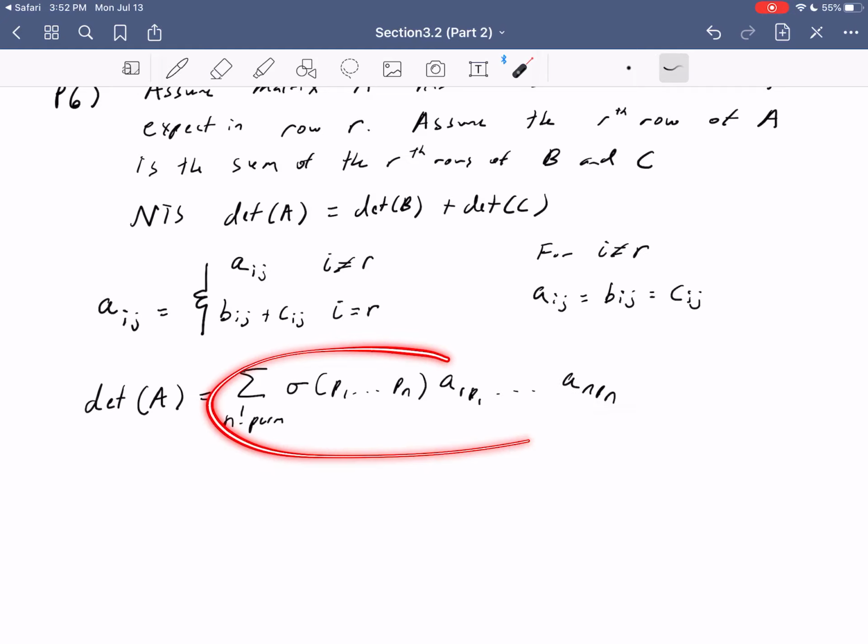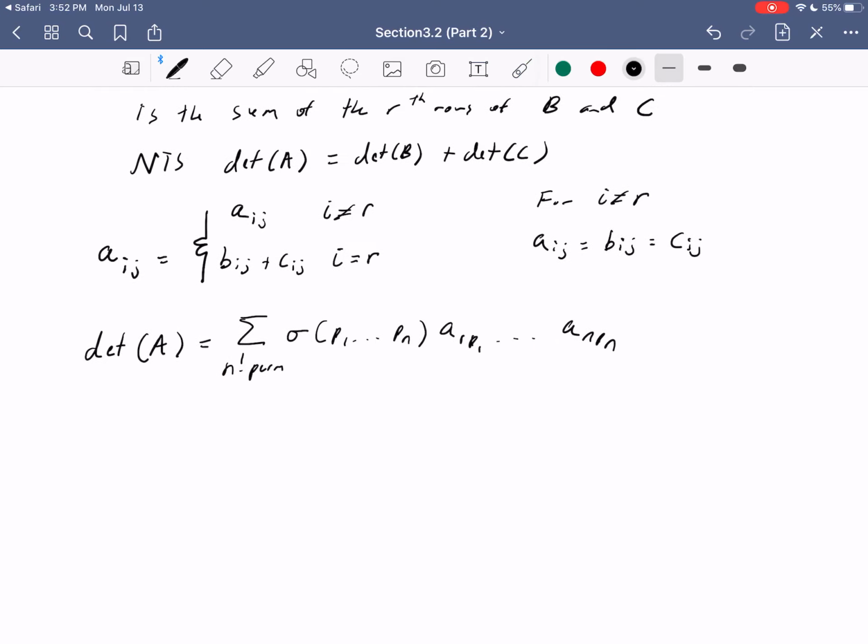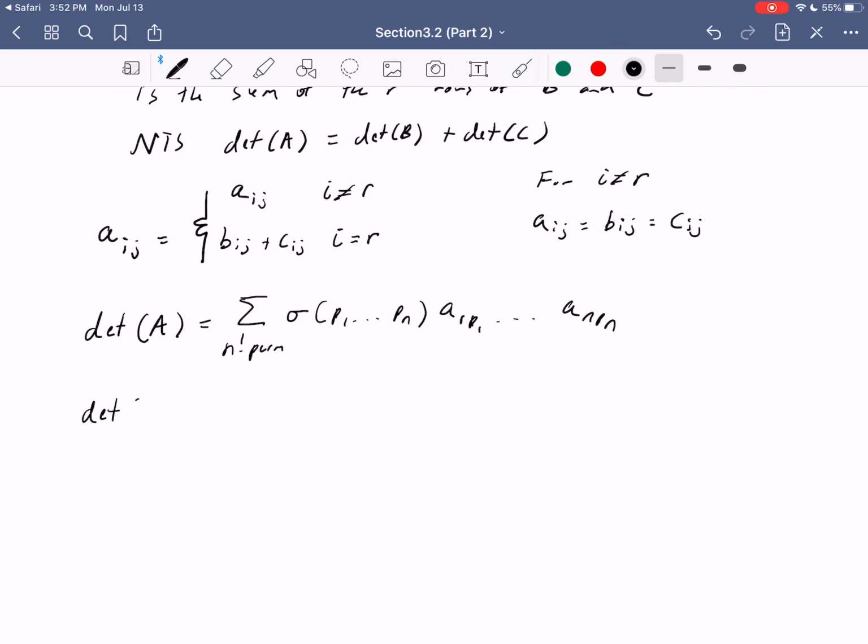As always, we're going to expand this to include the moment that's going to be interesting to us, which is in that rth row. So the determinant of A is really the sum over those n factorial permutations P1 down to Pr down to Pn, A1P1 down to ArPr down to AnPn.